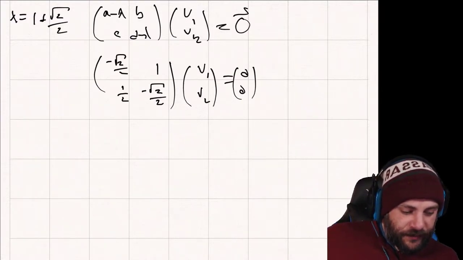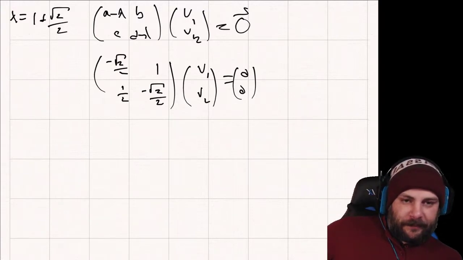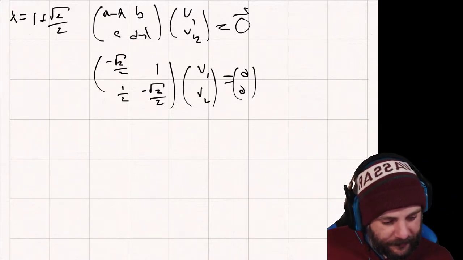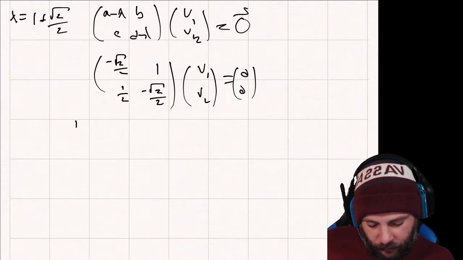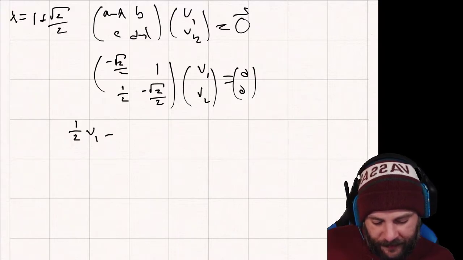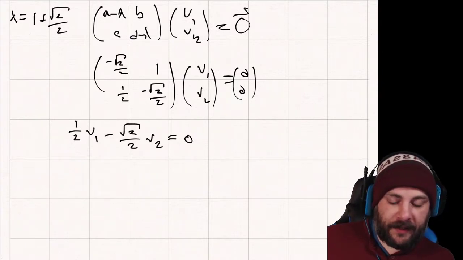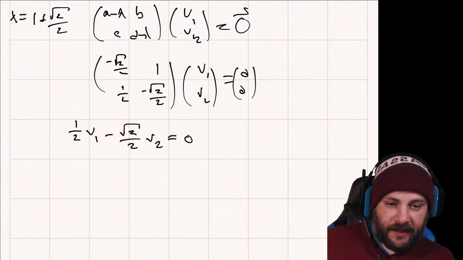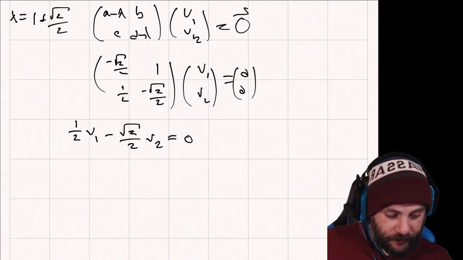The easiest one to pick is actually the second one, so to show that, let's go ahead and do that. 1/2 v1 minus the square root of 2 over 2 v2 should equal the number 0. Now we have a redundant bit of information here. So what can we do to make this the easiest thing possible for us?